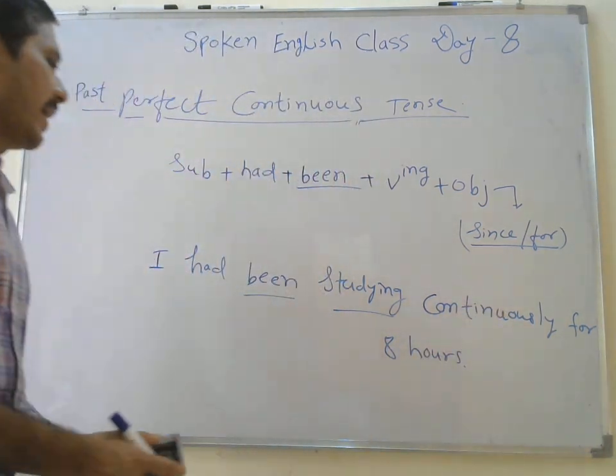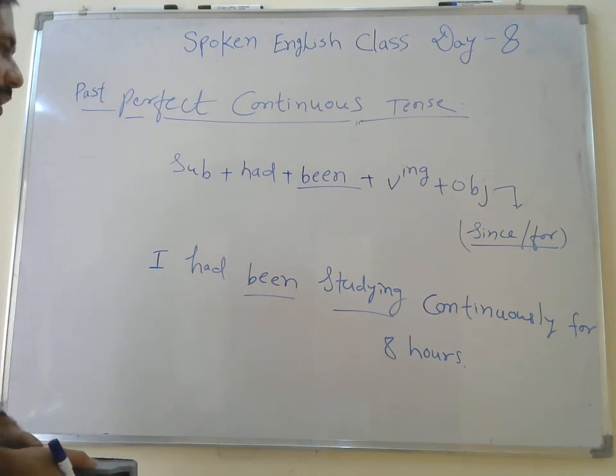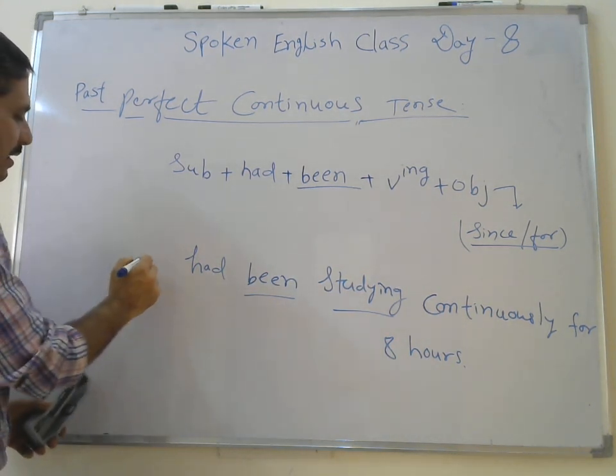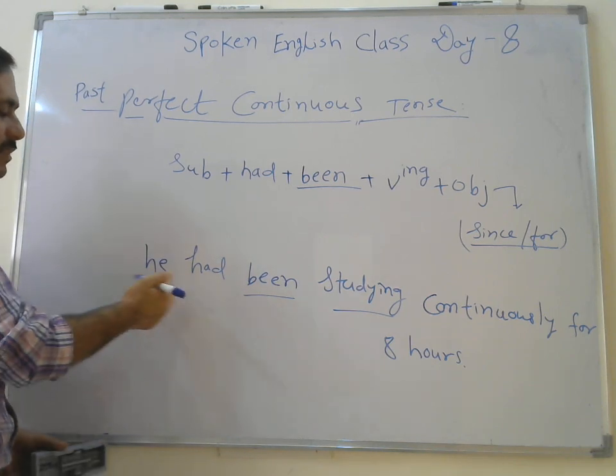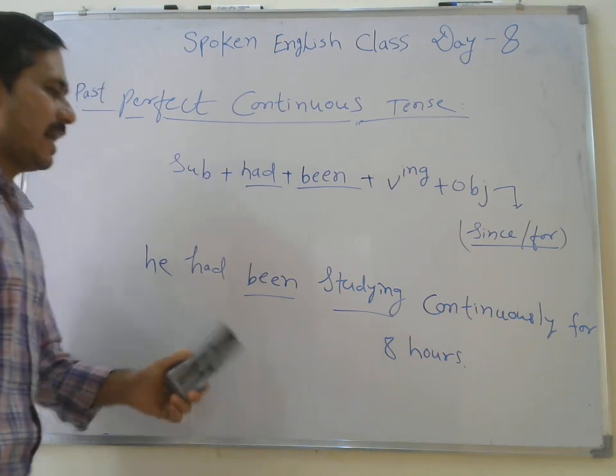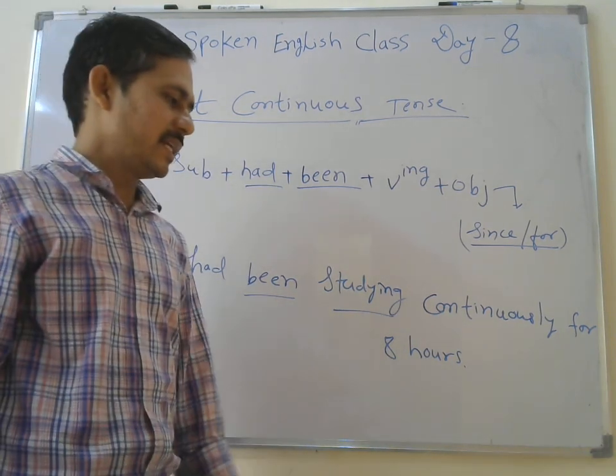I had been studying continuously for 8 hours. You can change the subject. He had been, because there is no change in the helping verb. Single helping verb is there, only had. He had been studying continuously for 8 hours.